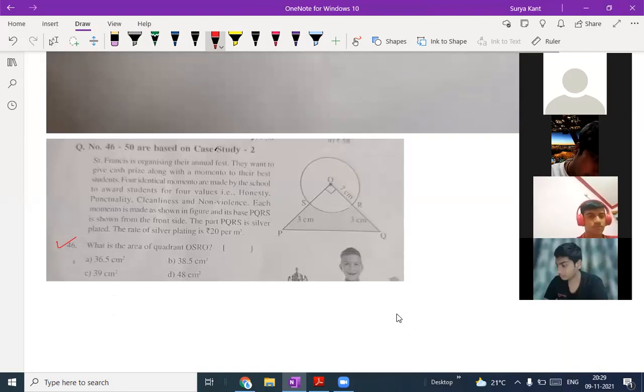See, Saint Francis is organizing the annual feast. They want to give a cash prize along with a memento to the best students. 4 identical mementos are made by the school to award students for 4 values: honesty, punctuality, cleanliness, and non-violence. Each memento is made as shown in the figure, and its base is PQRS.